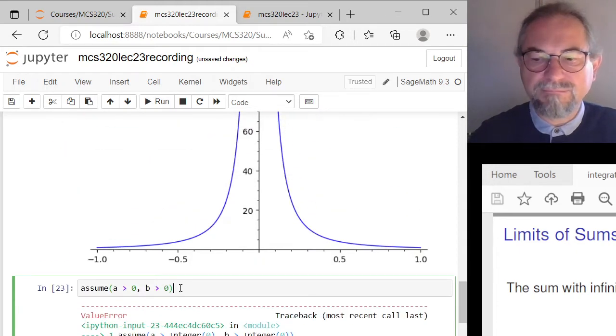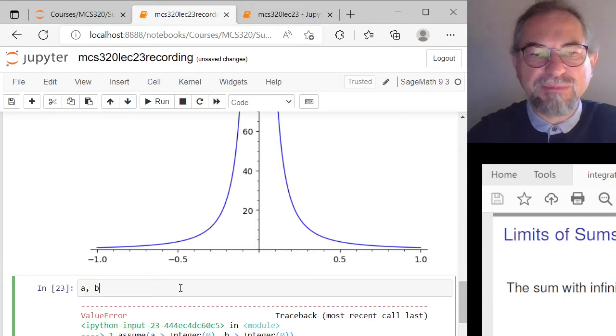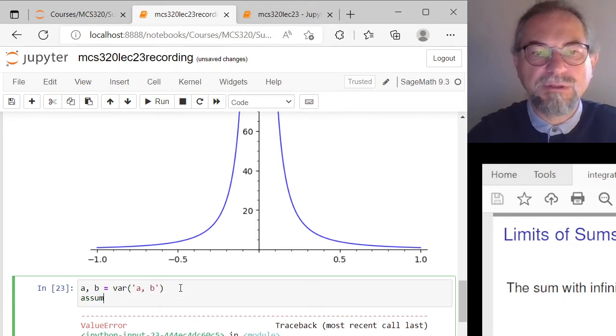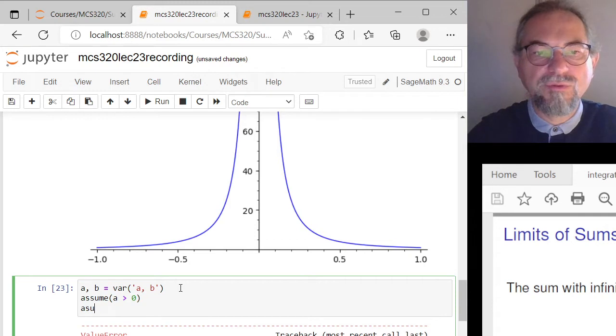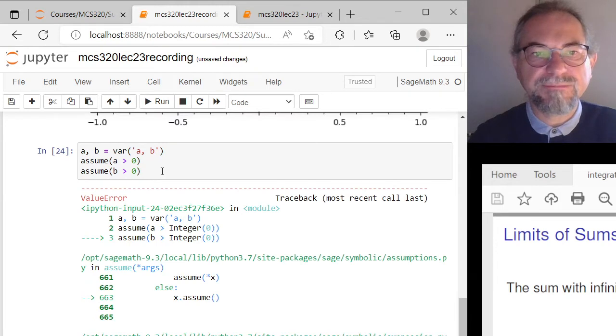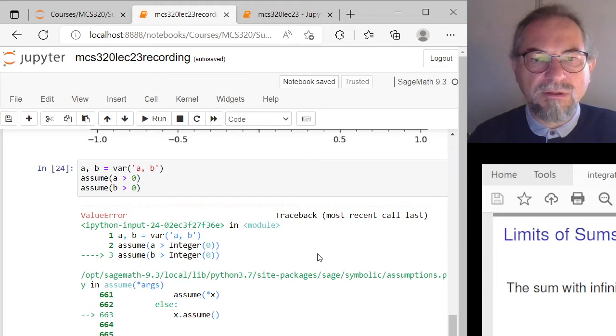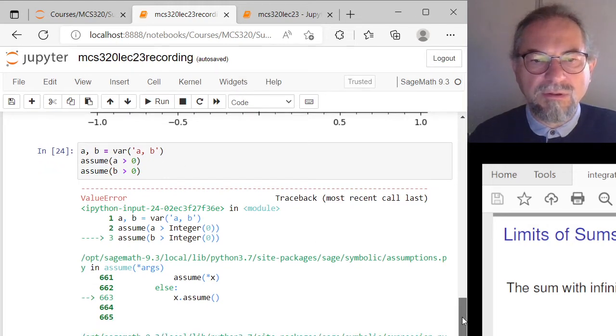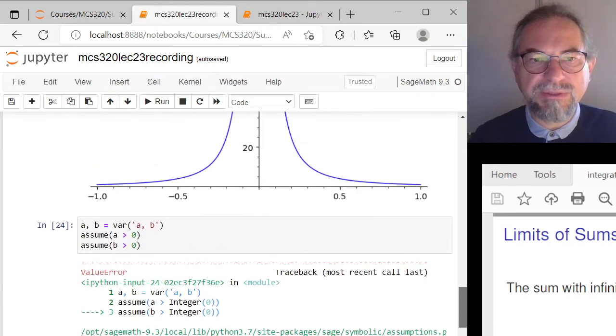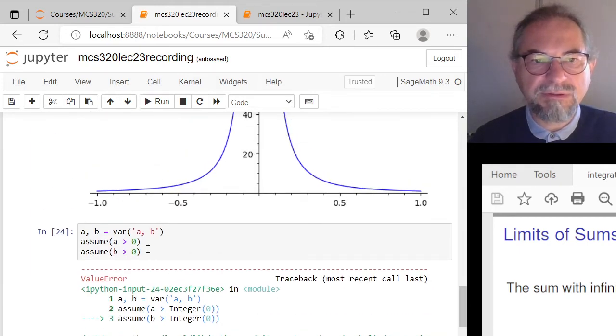Now I have made too many assumptions. So I will clear the assumptions by redeclaring a and b, and I will assume that a is positive, and also b, that they are both positive values. Okay, the assumption remains still redundant.